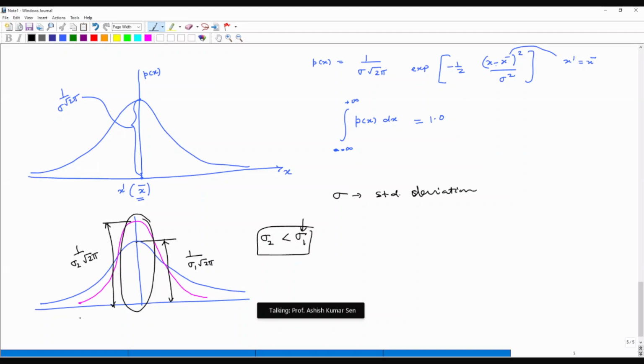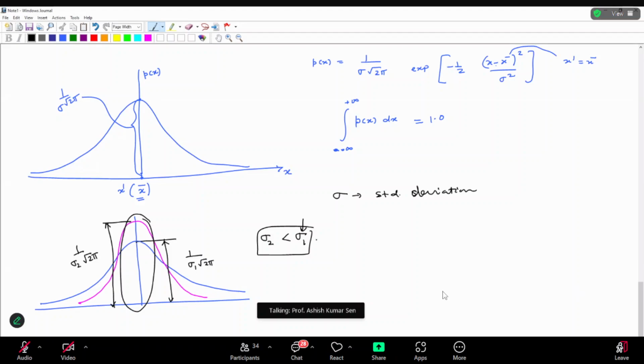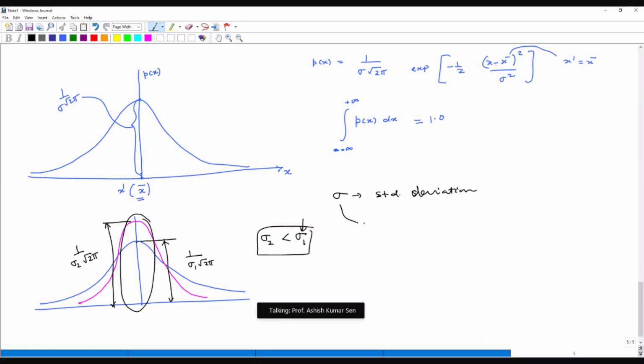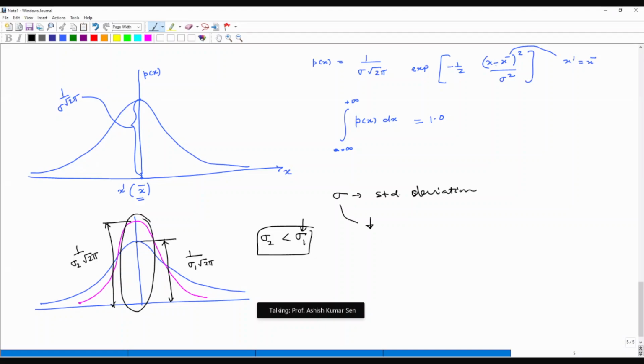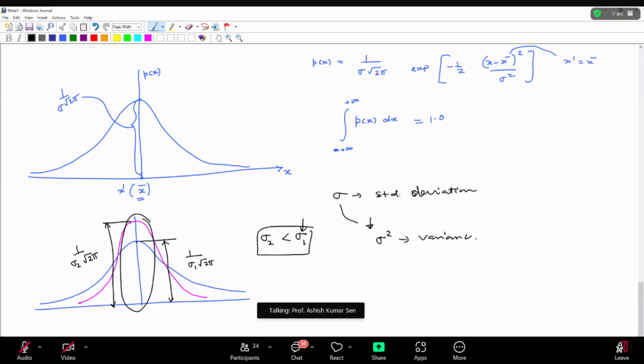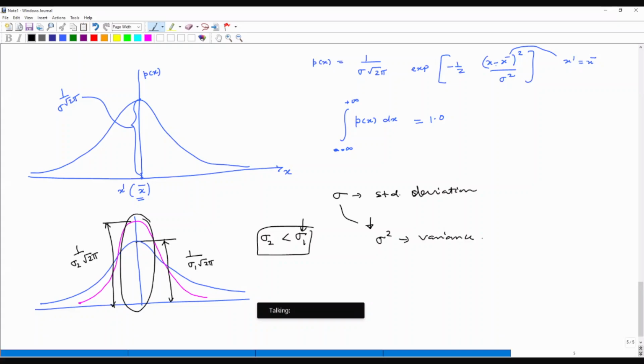So typically, in any measurement, you expect the standard deviation to be as small as possible, because it enhances the central clustering, the central tendency of the data. Sigma is the standard deviation, and sigma square is known as the variance of the data.